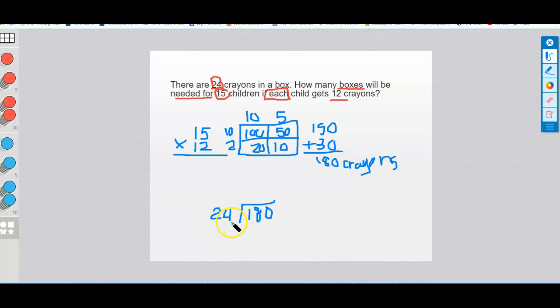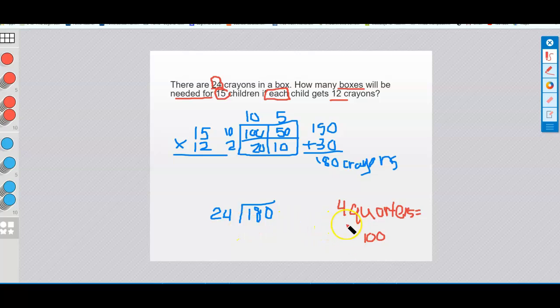I can use estimating to think, how many boxes will I need? Well, 24 is close to 25. And when I think of 25, I think of quarters. So if I know that 4 quarters equals $1, which is the same thing as 100, then I'm going to need more than 4 quarters, right?